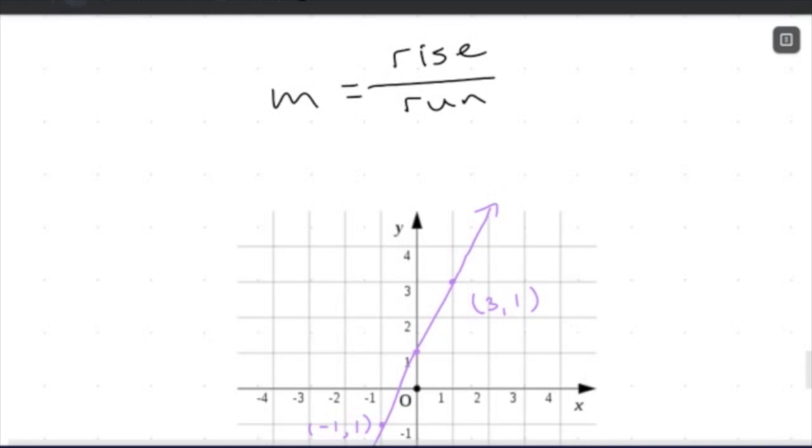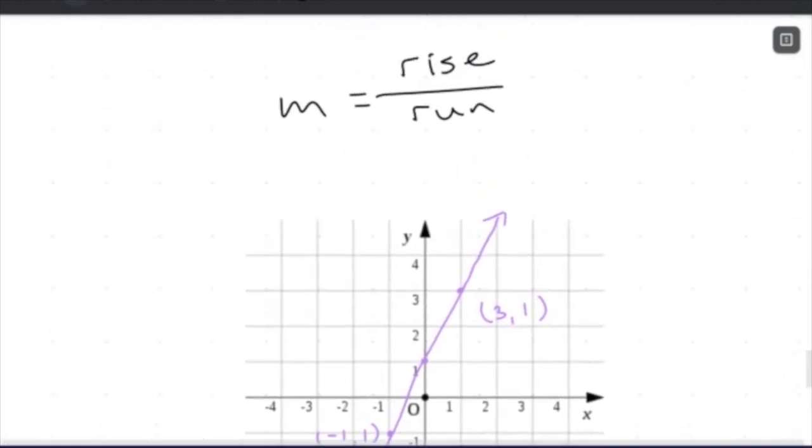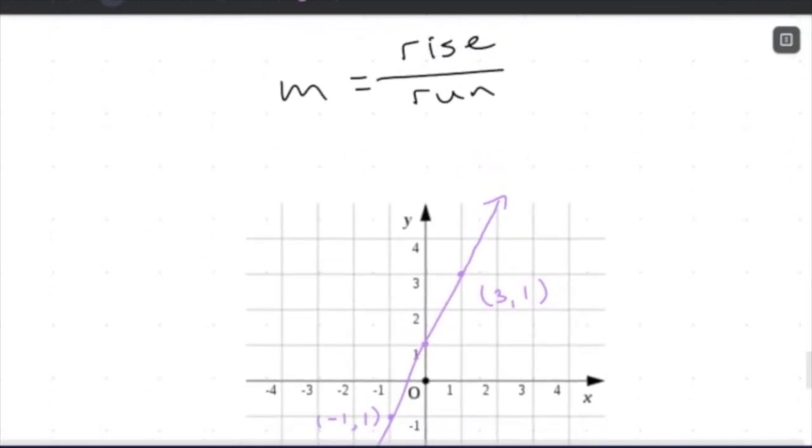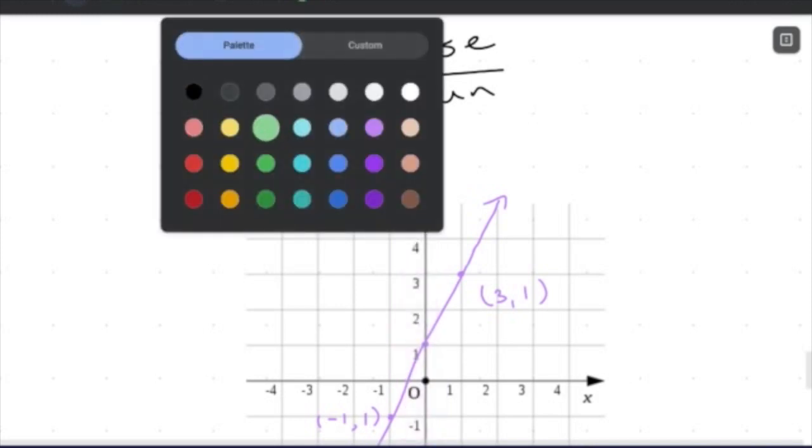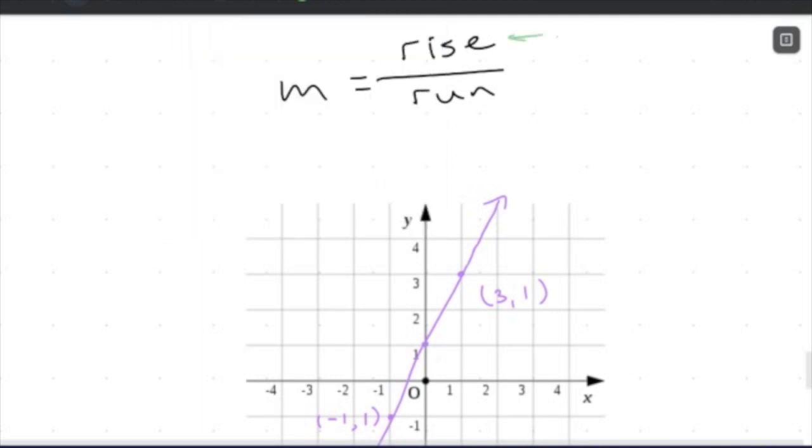Now, let's think of this in terms of an x and y graph. Well, if I think of how much something rises, I'm looking at a vertical component of my graph. So the rise here talks about my y, or my change in y.